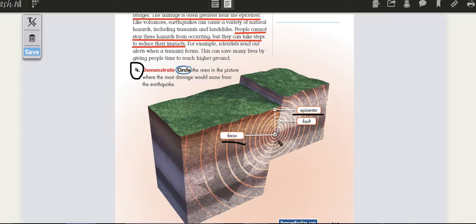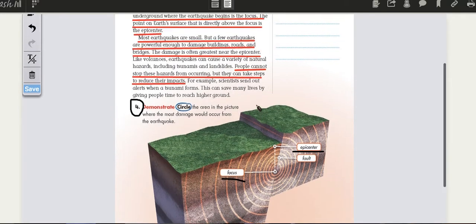The point where the earthquake starts deep inside the Earth's crust is called the focus, and the epicenter is the point on the surface of the ground above it.